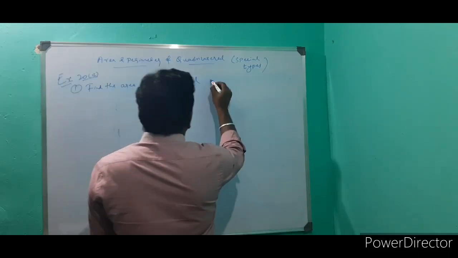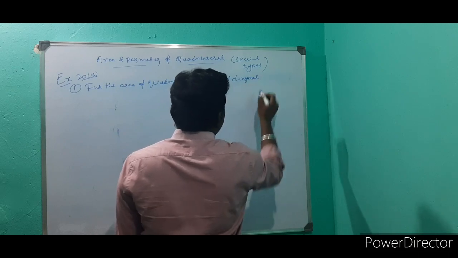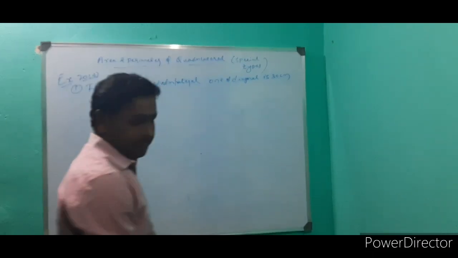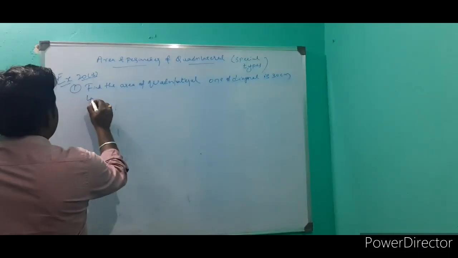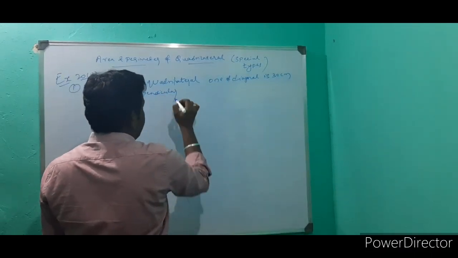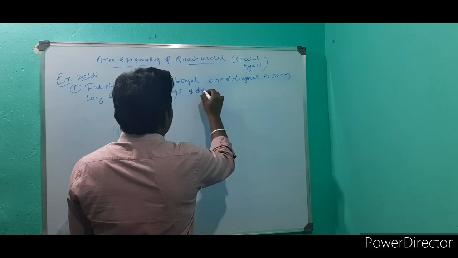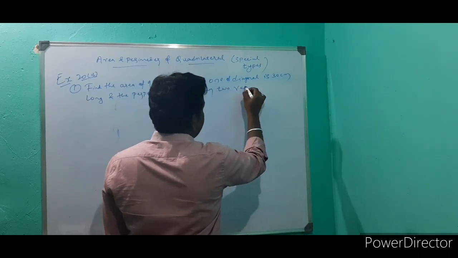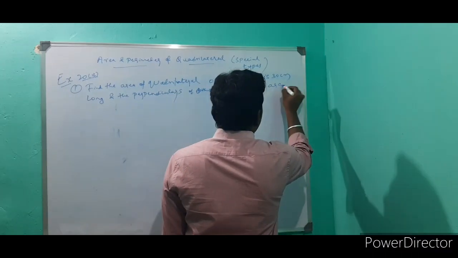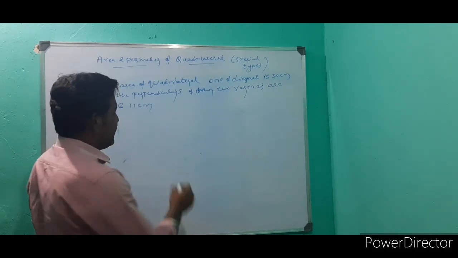One of the diagonals is 30 centimeter long and perpendiculars of the other two vertices are 19 centimeter and 11 centimeters respectively.